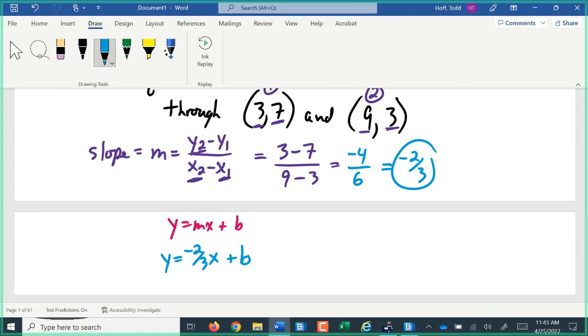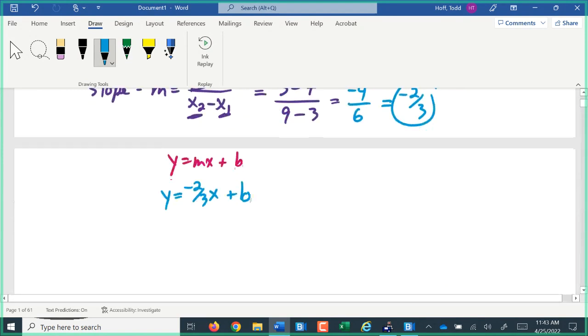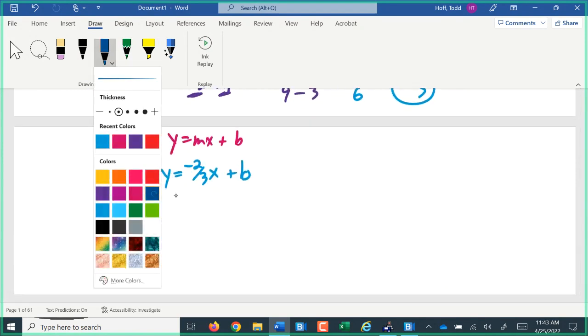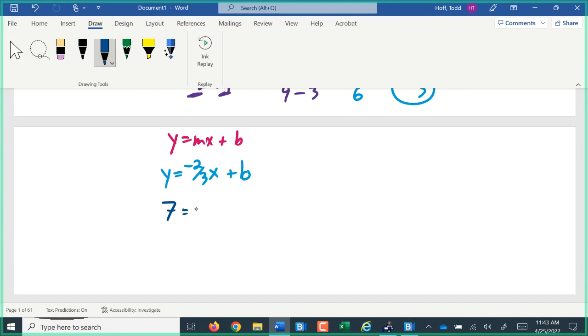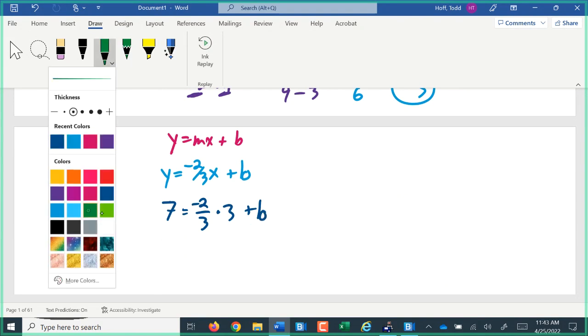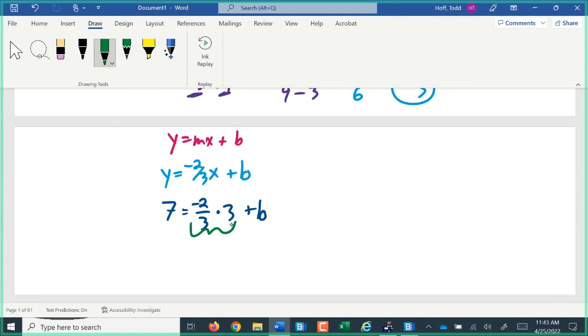And now to find b, we can use either one of those 2 points. I'm just going to use the first one here, the 3, 7. So that means we replace the y with the 7, equals negative 2/3, and we replace x with 3. So we combine negative 2/3 times 3 is just a negative 2.